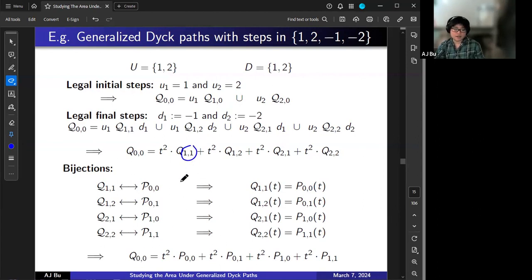So then putting that together, we're going to get that Q sub 0, 0 is equal to T squared times P sub 0, 0 plus T squared times P sub 0, 1 plus T squared times P sub 1, 0 plus T squared times P sub 1, 1. So that would be this process for that family of generalized Dyck paths.